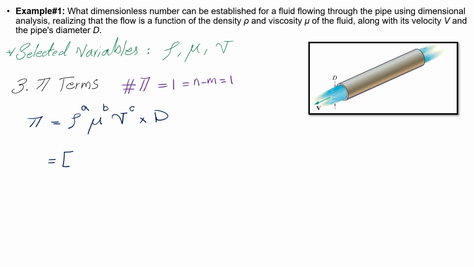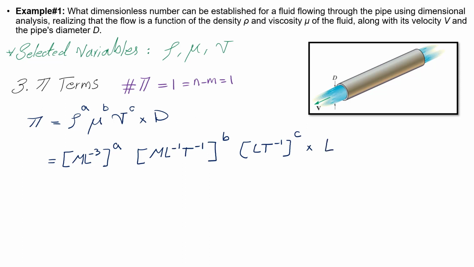It would be M L to the power -3, everything to the power a, and then it would be M L^-1 T^-1, everything to the power b, and times L T^-1, all to the power c, times dimensions of d, which is L.